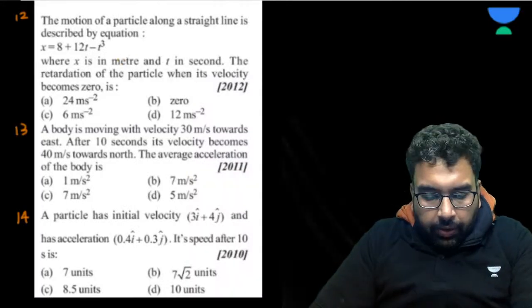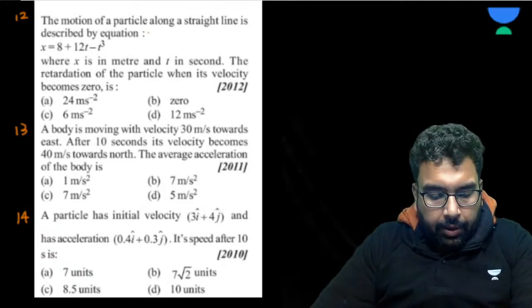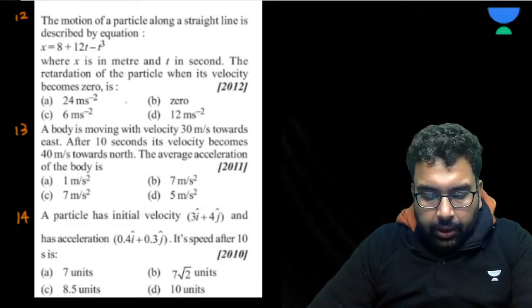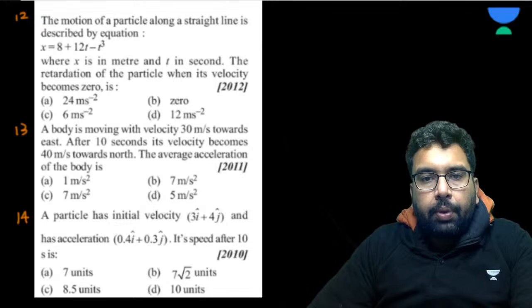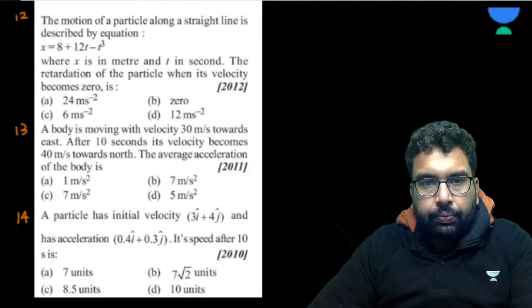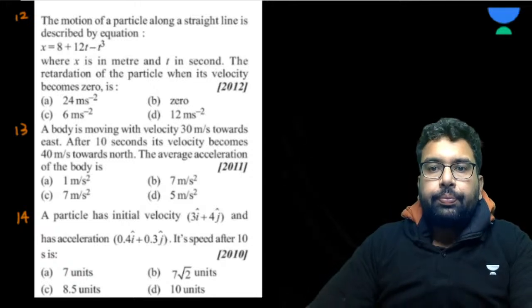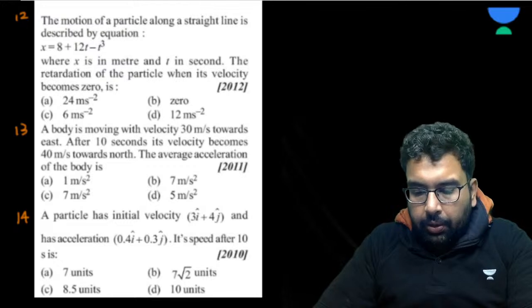Let's start with the first question here. All the live students, please tell me if you are back here. So let's start solving this question. What is the answer to this question? The 12th one. Please try doing it. Come on, I'm very sure we can do it. Please do it, guys. What about the rest of you?